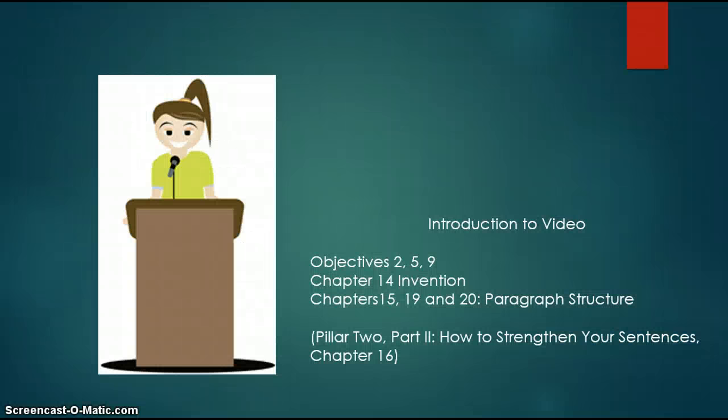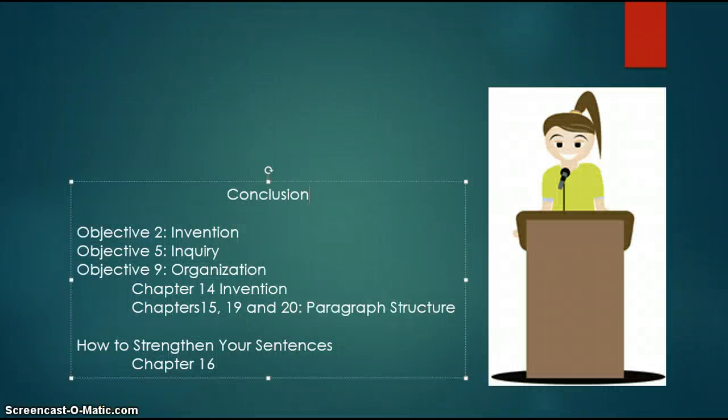So every good presentation will give a conclusion. It should link back to the introduction. So in conclusion, we looked at Objective 2, invention, and discovered that we save so much time in the long run if we pause and work through our thoughts, think about our audience, and think about our main point before we begin writing.